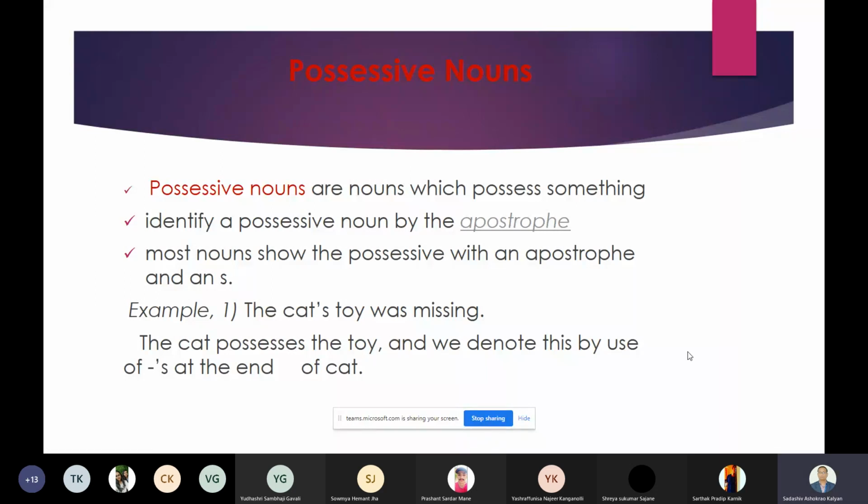The toy belonged to the cat. This is a kind of ownership, where that particular thing is possessed by that cat. So here the cat possesses the toy, and we denote this by using 's at the end of cat. So that is called a possessive noun.